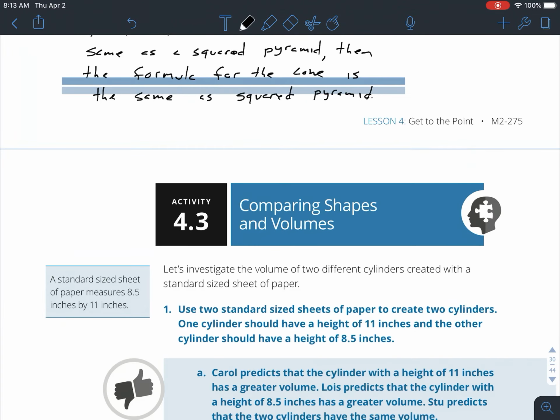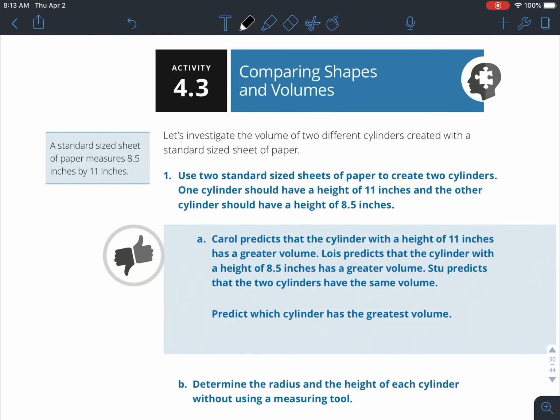Okay. Now we're going to work on 4.3 today as well, because it is only this page, and then we'll do 4.4 tomorrow because I have a worksheet that you guys are going to be doing that continues on some of the work we've done. Now, let's investigate the volume of two different cylinders created with a standard size sheet of paper. I'm not going to have you create this because some of you may not have the material.